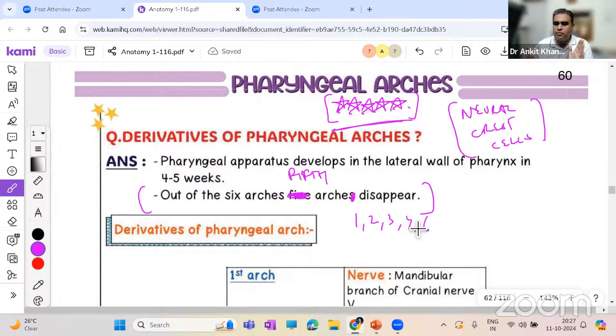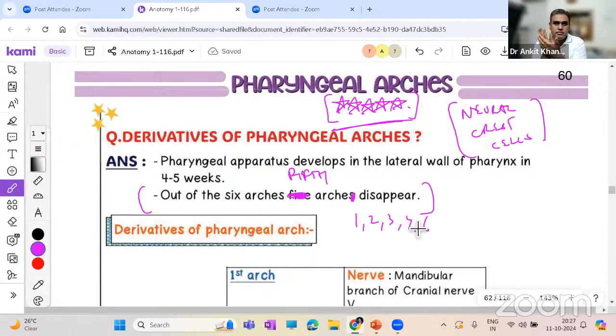How to understand it now? If you keep your fingers like this, we normally have 5 fingers. So these 5 fingers represent the 5 pharyngeal arches. Keep both of your hands on the side of your neck and face. These represent the 5 arches on both sides.